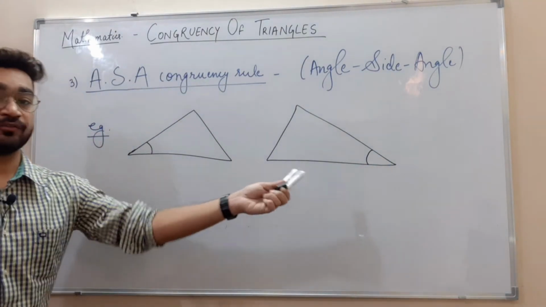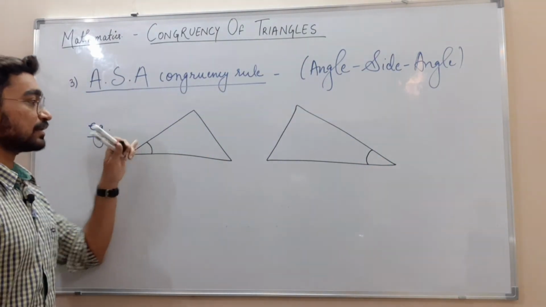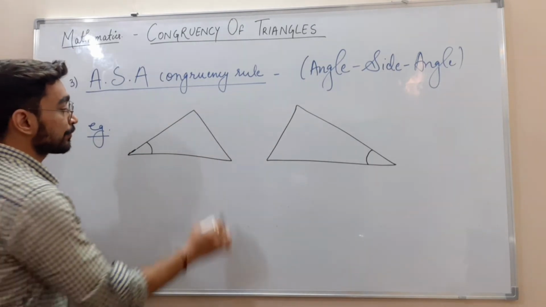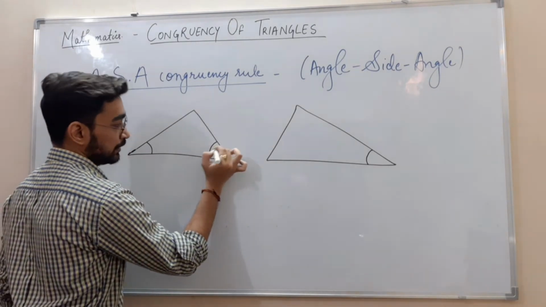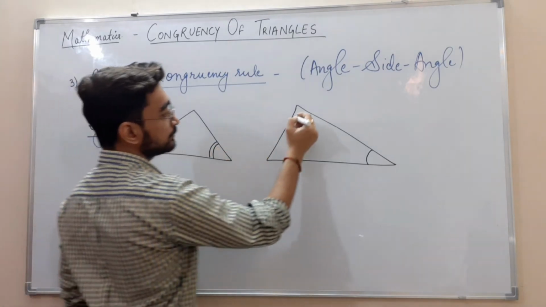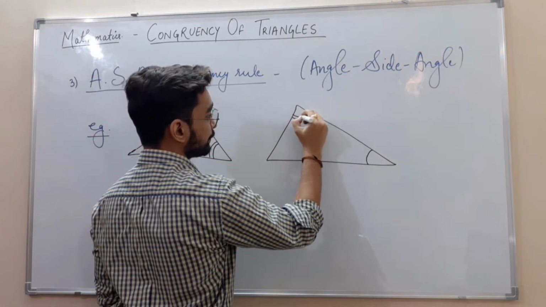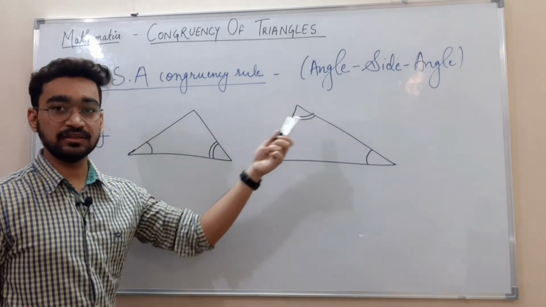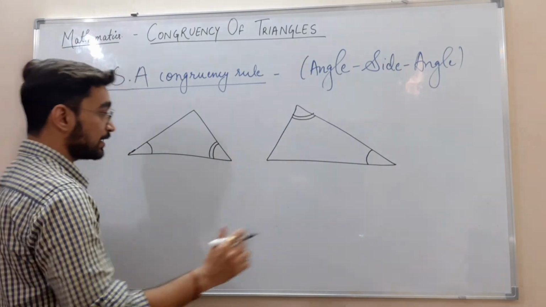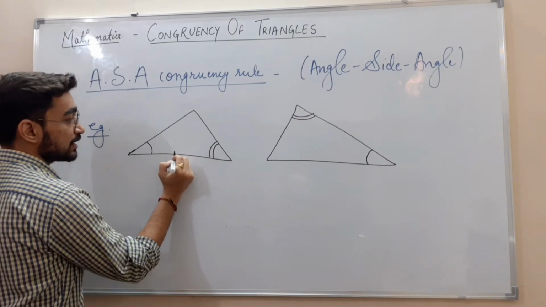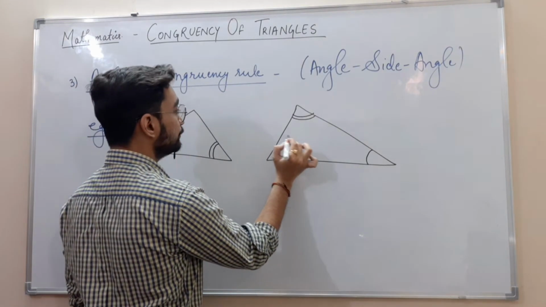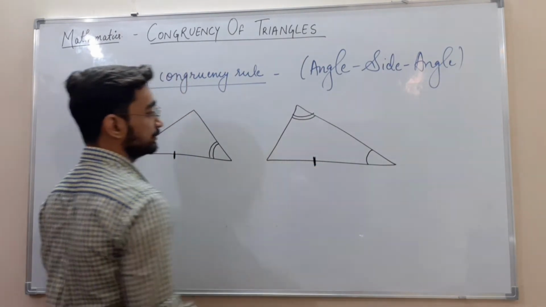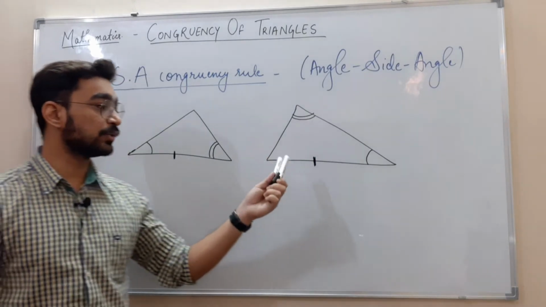I have drawn only one line, which indicates that this angle is equal to this angle. This angle is equal to this angle. Two lines here indicate these two angles are equal. And I am saying that this side is equal to this side.